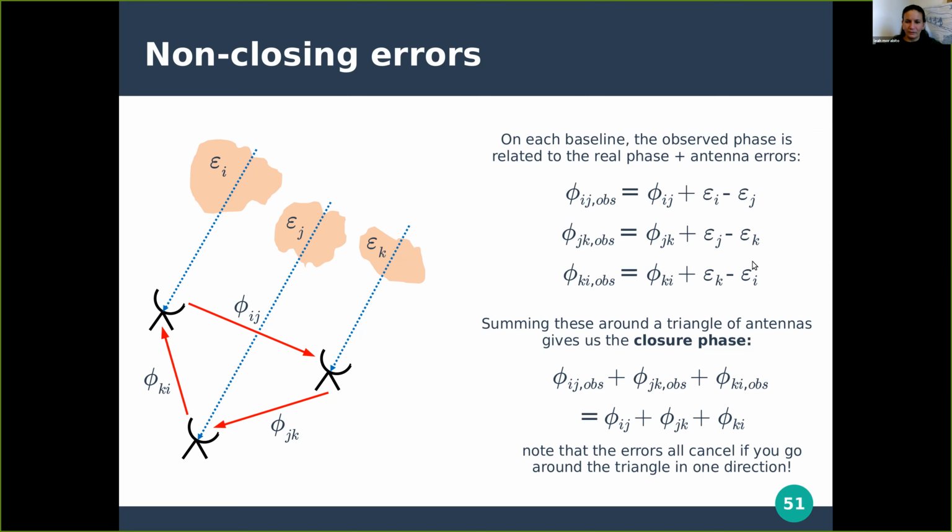And then when we add in the third baseline here, then the errors in k cancel out and the error in i cancels out. And so what we're left with is something that should have no errors in it, right? Okay, so that's what a closure phase is. And if everything is calibrated perfectly, if there are no errors, then it should be completely flat, right?